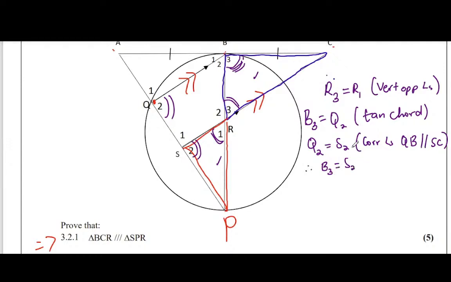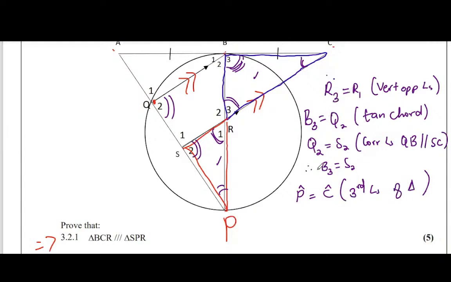For as long as we have two angles known, automatically the third angle has to be the same. So you can say angle P will be the same as angle C. Sometimes we say the remaining angle of a triangle, or third angles of a triangle.